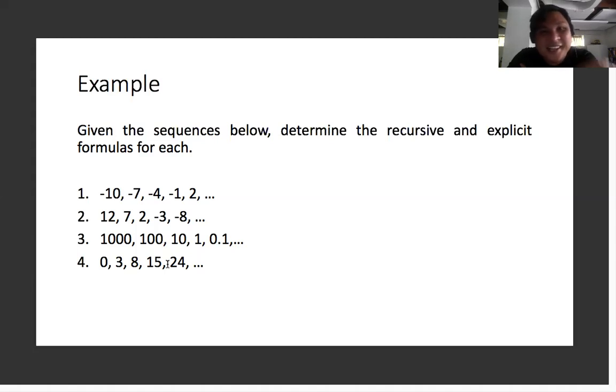I think that should be enough time for you to have solved it and checked whether you got your answers correct. Let's see the answers now.